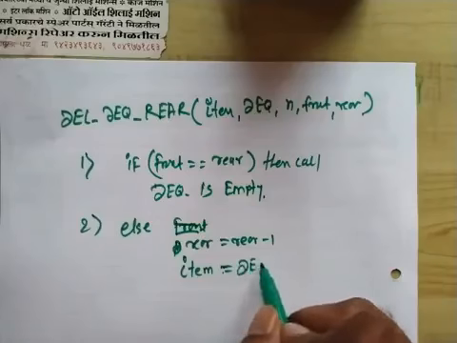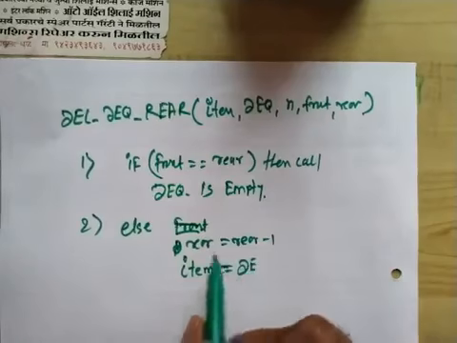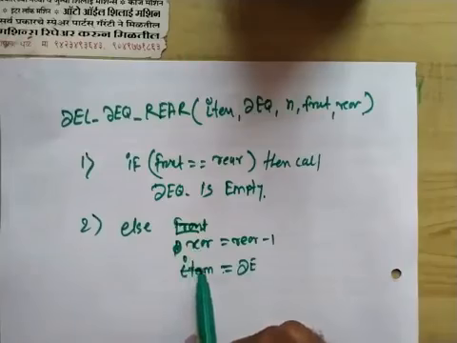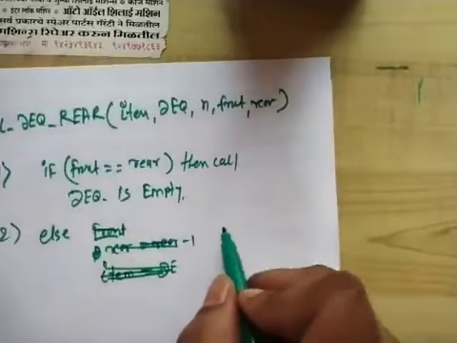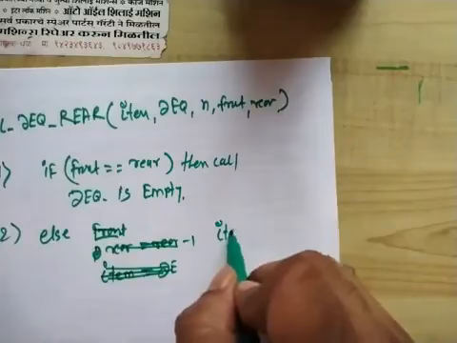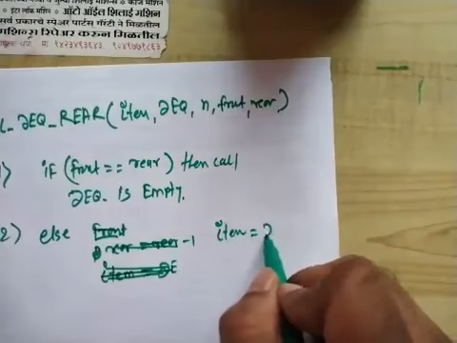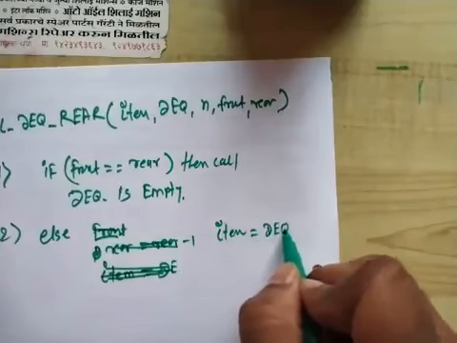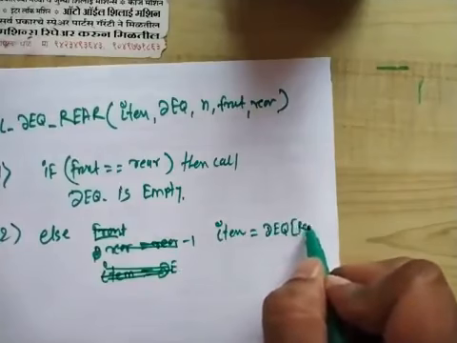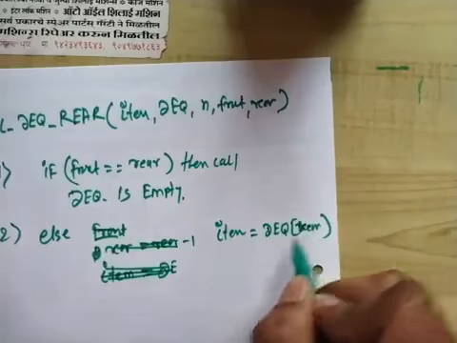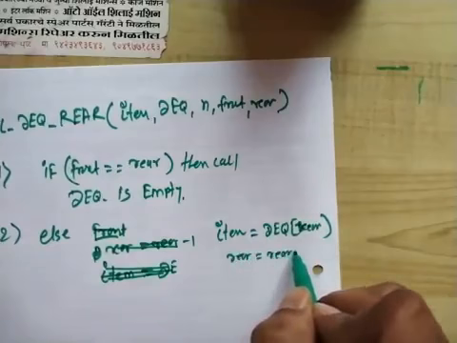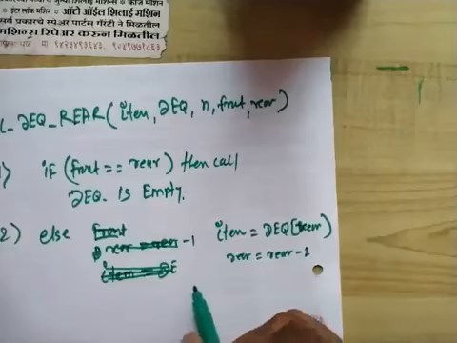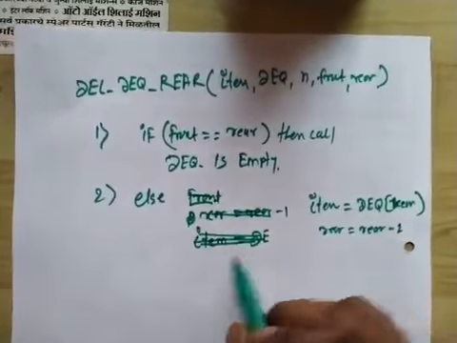So first we write atom is equal to dq of rear, and then rear is equal to rear minus 1.